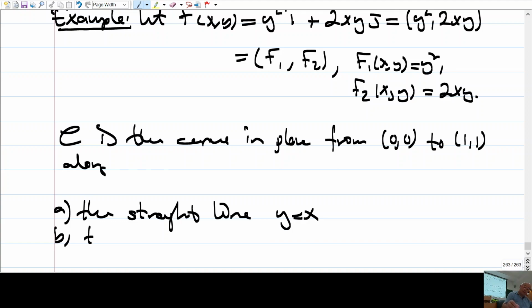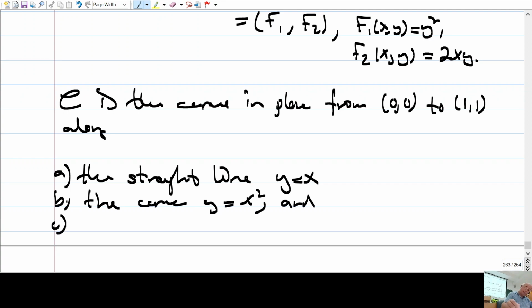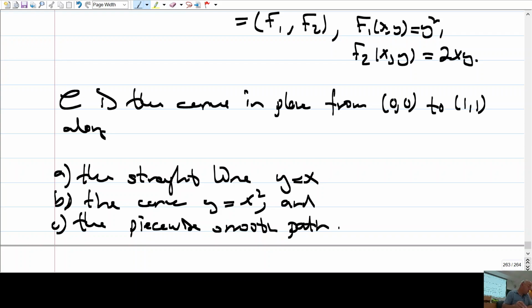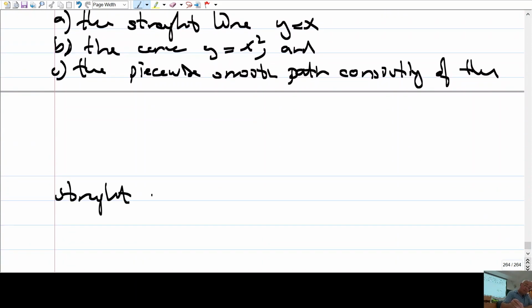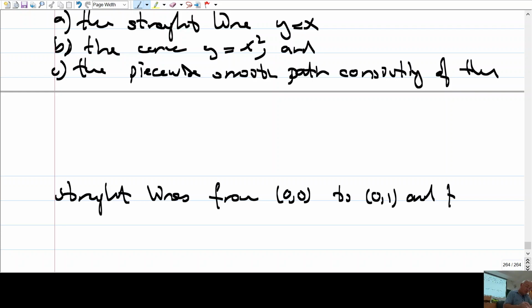Part B, so this is another question, the curve y equals x squared, and part C is the piecewise smooth path consisting of the straight lines from 0, 0 to 0, 1 and from 0, 1 to 1, 1.